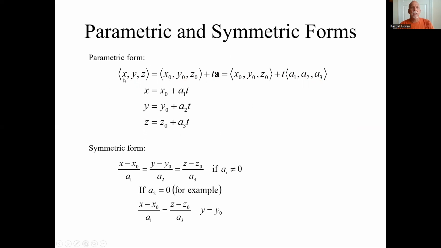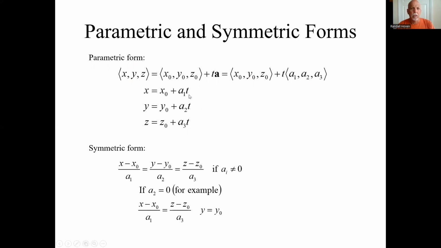That would mean then X equals X0 plus T times A1. Y would be Y0 plus T times A2. I have a different way to write the line by using 3 separate equations in each direction. This is called the parametric form of a line.